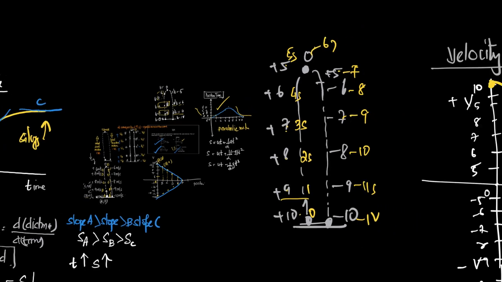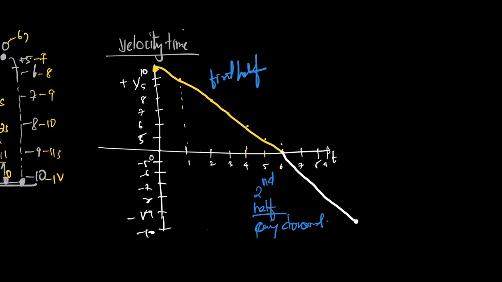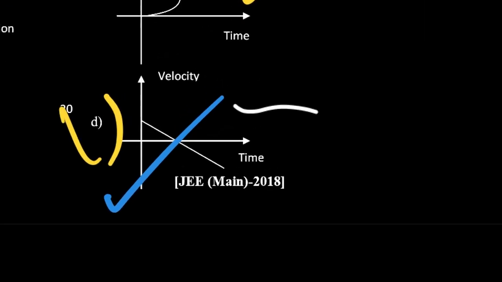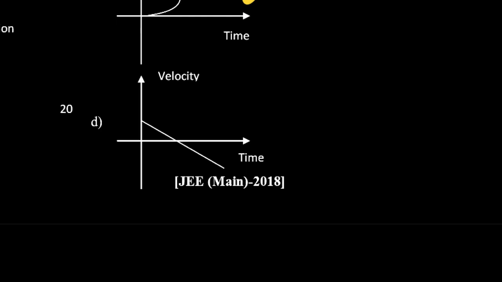Now, trying to understand this in a mathematical way. If you are being asked to find out whether it is right or wrong, how will you do that? See, during the first half, this line represents a negative slope, right?